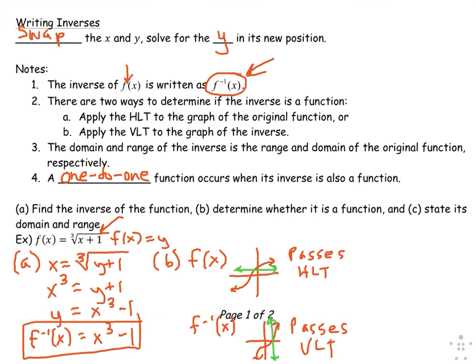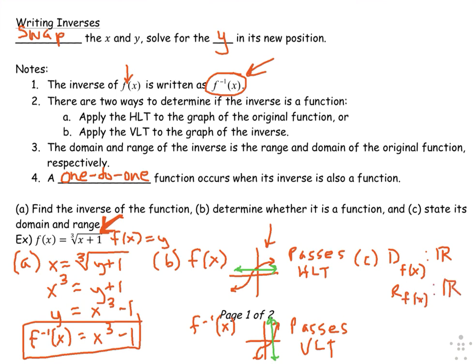For part C, stating the domain and range, if you're familiar with the first function, in this case we have a cube root function, which looks like this graph, and so then the domain is a set of reals, and the range of the original is a set of reals.